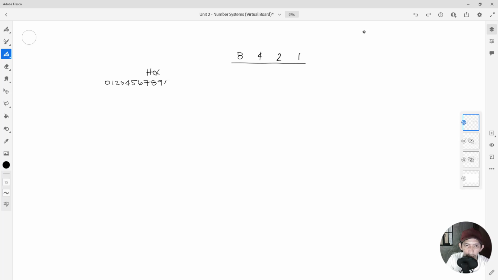And then, A, B, C, D, E, and F. So, if you're going to count that, 16. It is composed of 16 numbers and letters, ang hexadecimal. So, meaning to say, since it has 16 compositions, ang base nito or ang weight ng hex is 16.